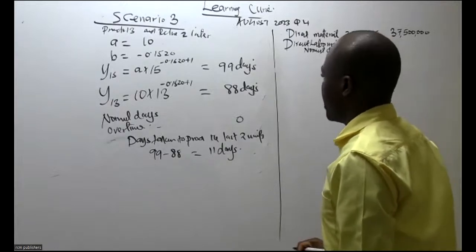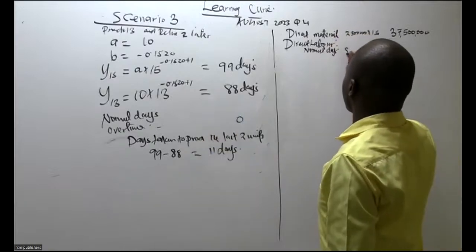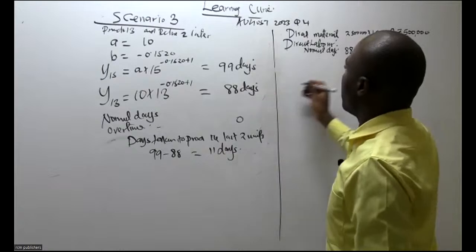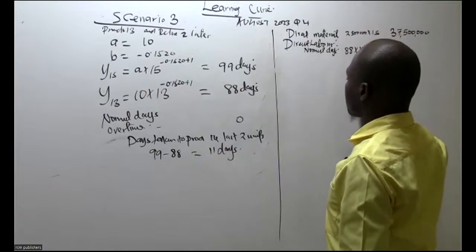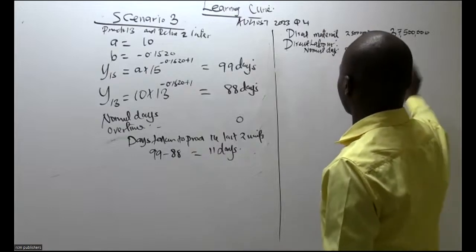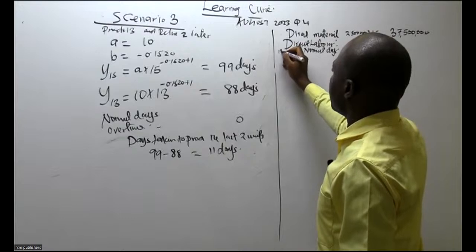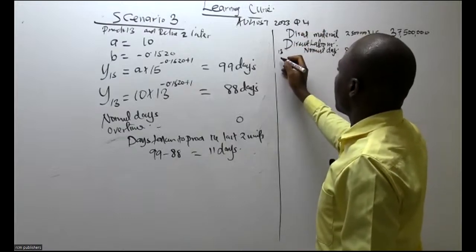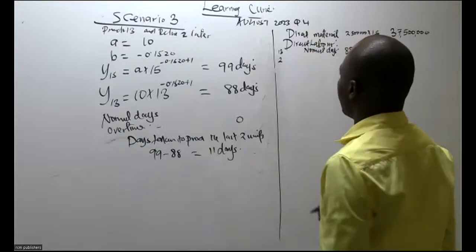It is per day. So the number of days of producing the 13 units is equivalent to 88. And because it is within the normal days, we multiply by the normal rate. So somebody to post for us the answer there. That is for the first 13 units.